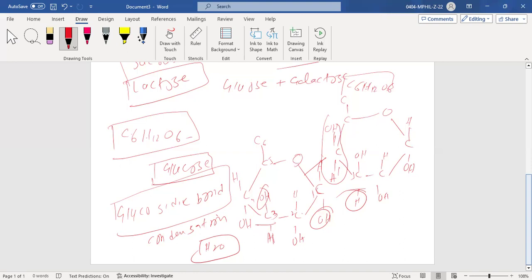So in this case, we always show it like, for example, a 1,4 glycosidic bond. What do you mean by this 1,4? It shows the position. From one side you have carbon number 1, and from the other monomer you have carbon number 4. So it is also important because somewhere we will also discuss a 1,2 glycosidic bond.